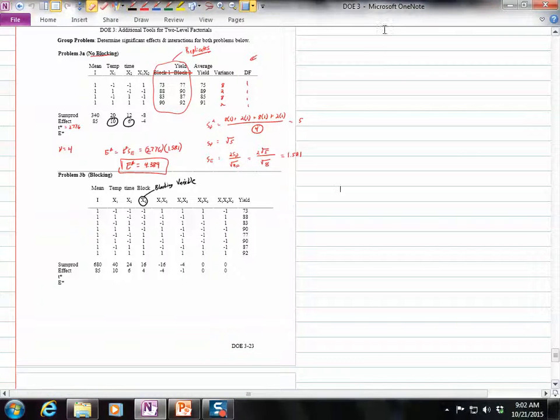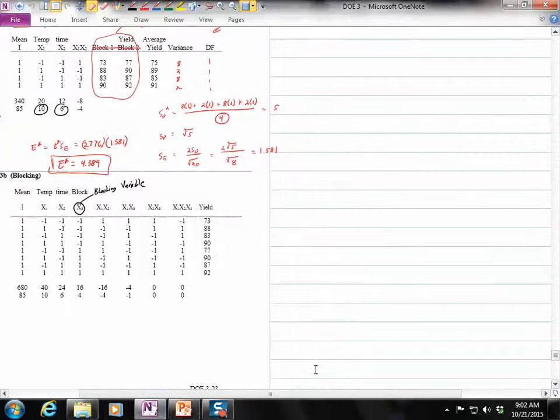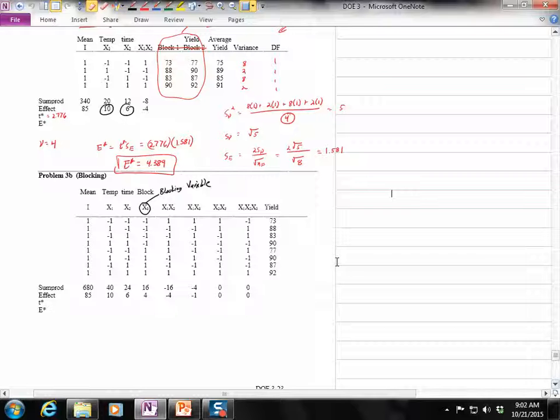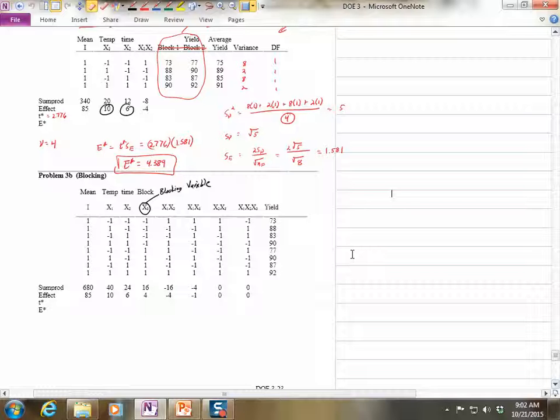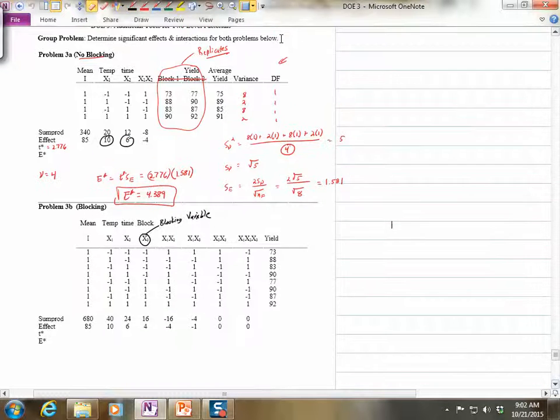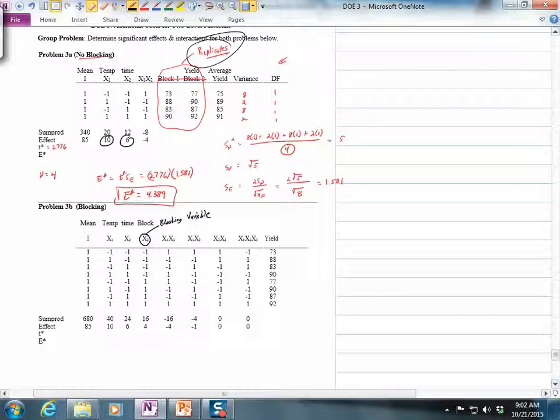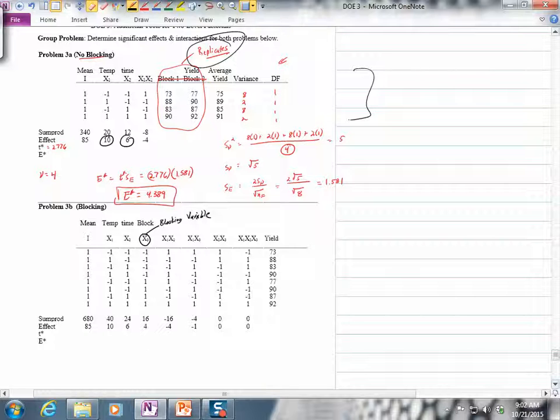All right. So along those lines, so that you can do homework, we need to learn some things. We're going to finish up this DOE 3 group problem that we were working on before. Essentially, we had two situations. First one, where we took a set of data and what could have been used as a blocking variable, we said, let's just ignore that blocking happened and treat this experimental design as two replicates.